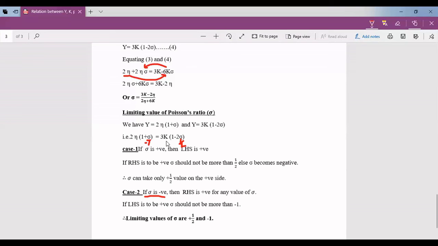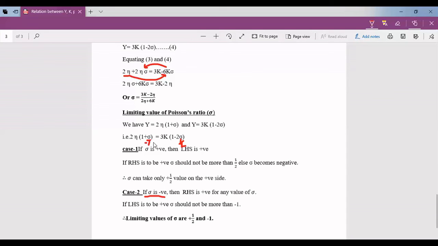Then the right side equation: 3k into 1 minus 2 into minus 2. Minus into minus is plus, so that is 2 into 2, 4, and 1 plus 4 is 5, into 3k, so 15k we get. So the right side equation is positive and the left side equation is negative. So this equation does not hold good.